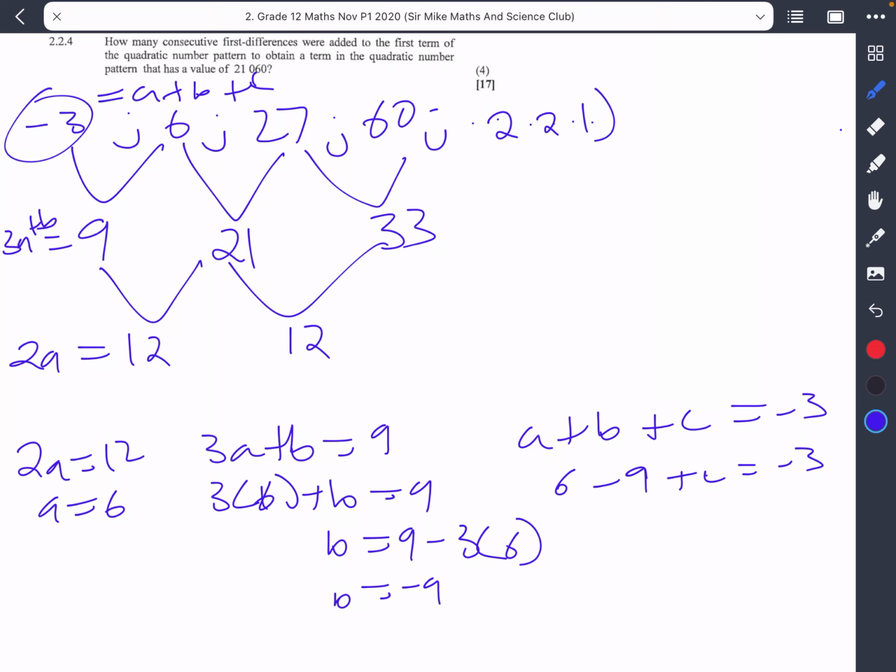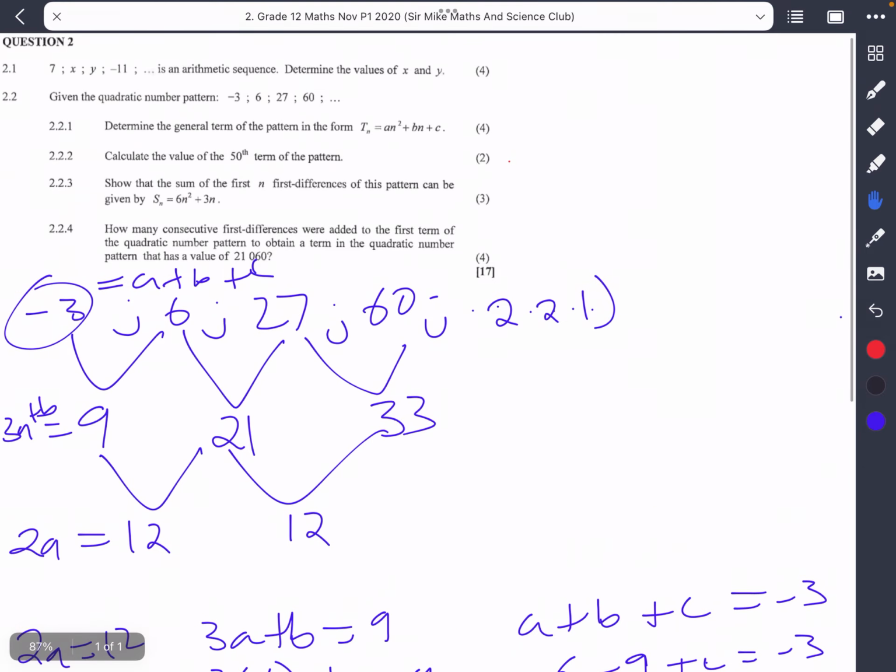That negative 3 would cancel with the negative 3 on the other side, so we'd get c being 0. So in this case, Tn equals 6n squared minus 9n plus 0. That would be the general term for that sequence.